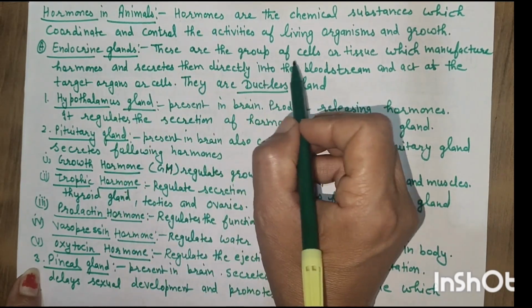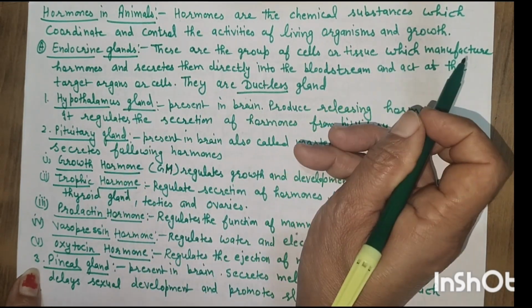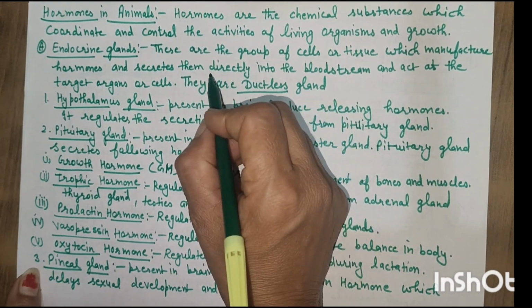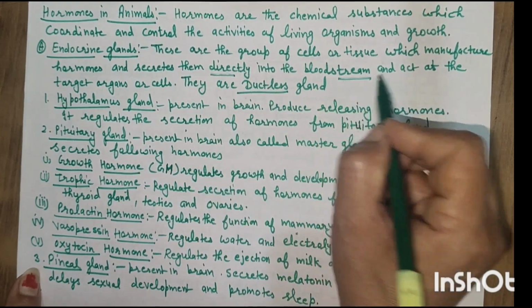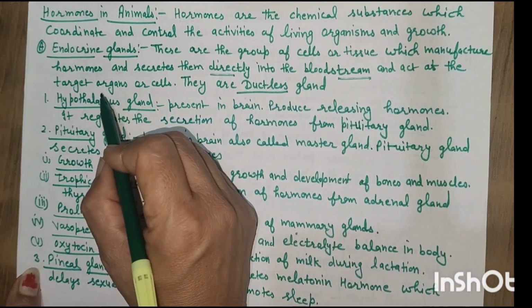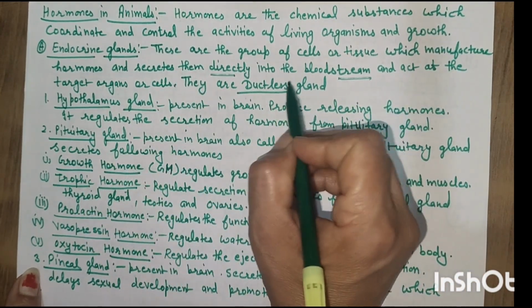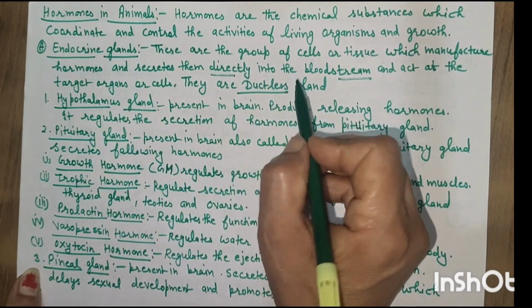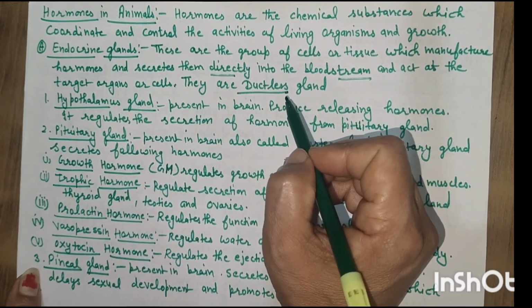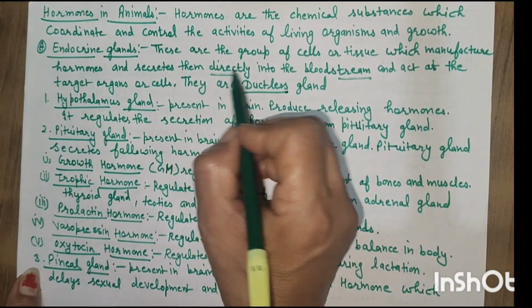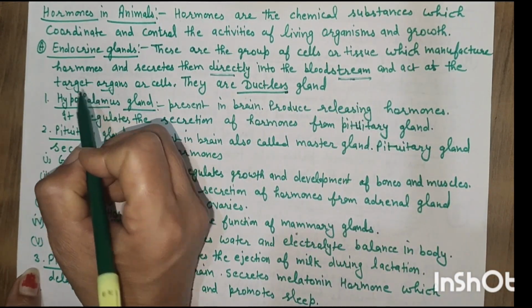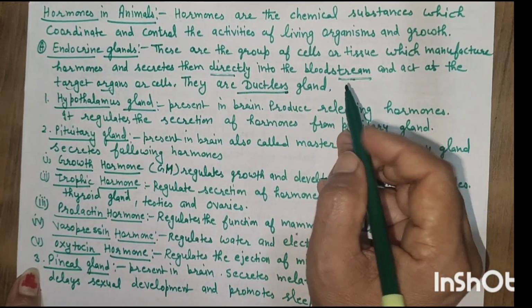Endocrine glands are groups of cells or tissue which manufacture hormones and secrete them directly into the bloodstream to act on the target organ. They are called ductless glands because they secrete directly into the bloodstream and act on the target site or target organ in the body.